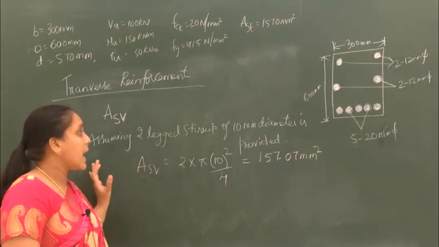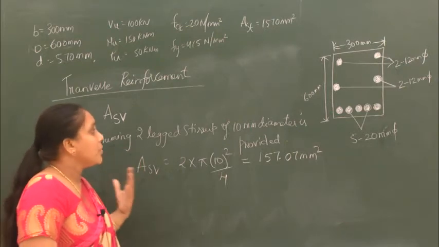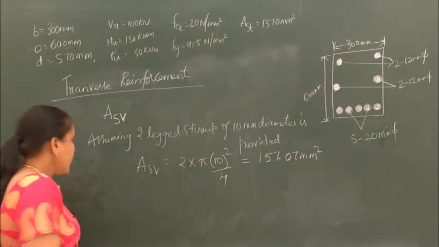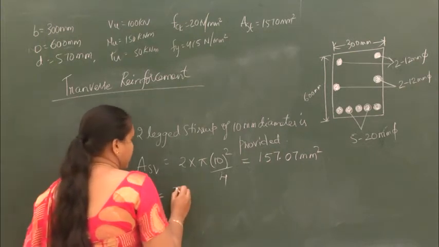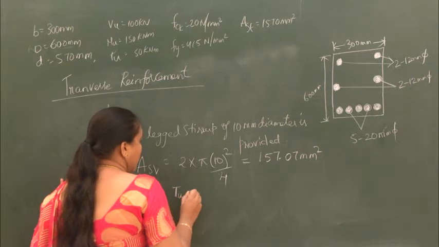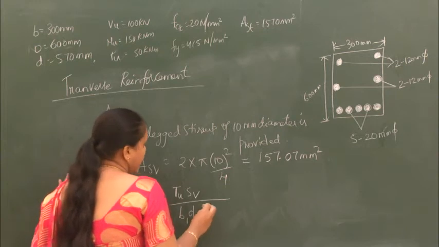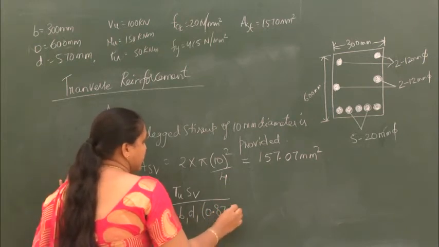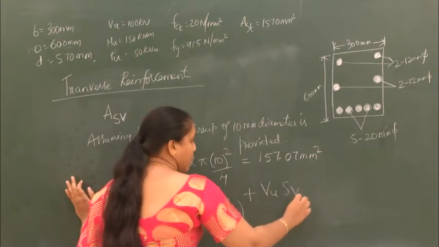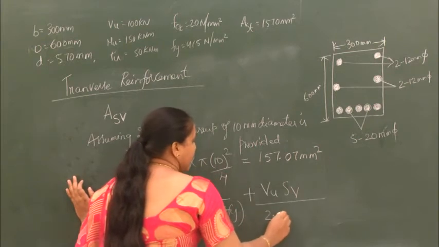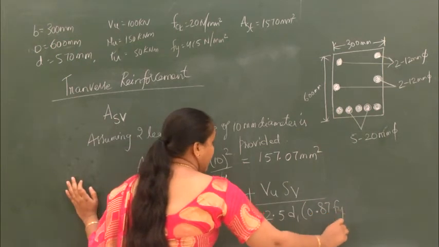Now let us calculate the spacing required for this ASV. What is the equation for calculating the spacing? ASV is equal to TU into SV divided by B1 into D1 into 0.87 Fy plus Vu into SV divided by 2.5 into D1 into 0.87 Fy.